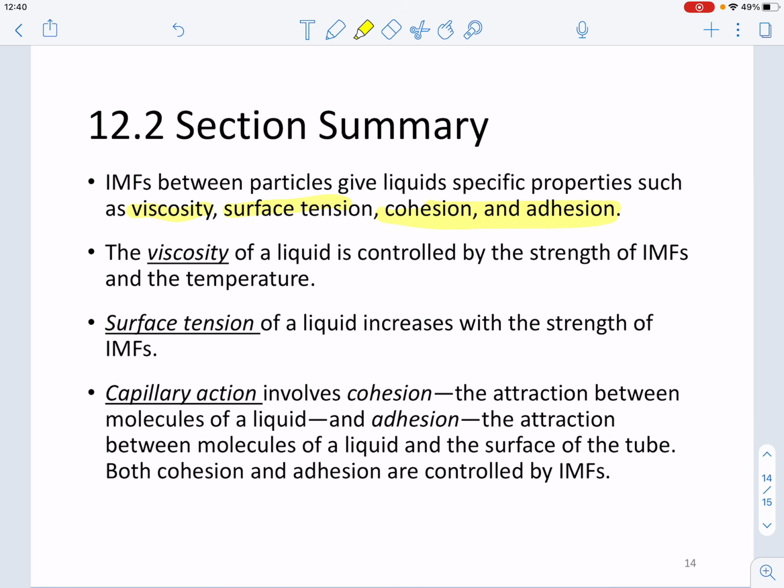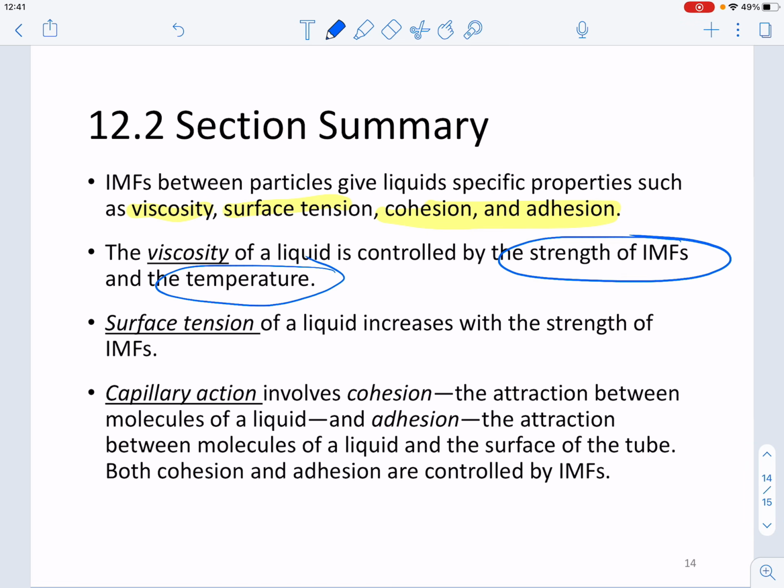Okay, the viscosity, one thing to remember, something that you have to be careful with viscosity, is that yes, it's controlled by the IMFs, but also by the temperature. Okay, in the exam we will try to be specific enough that you don't have to worry about the temperature.